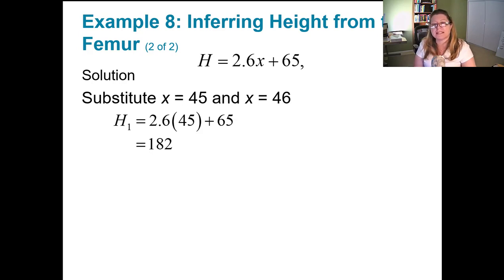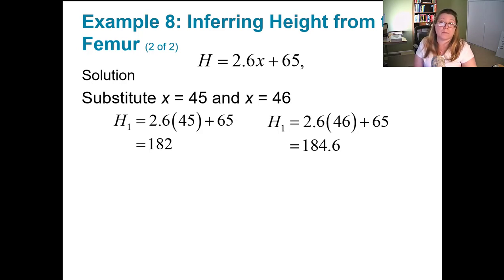So it's 2.6 times 45 plus 65 ends up to be 182. 2.6 times 46 plus 65 is 184.6. So we know if his femur was somewhere between 45 and 46 centimeters, his height, using this calculation, would be between 182 and 184.6.